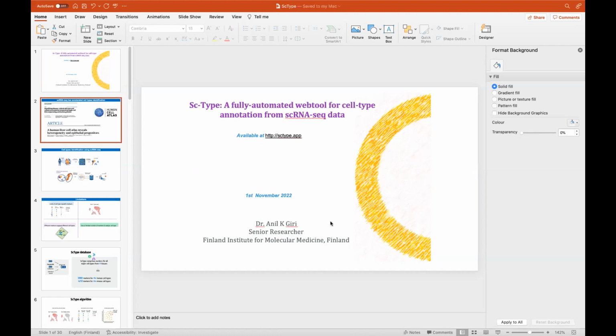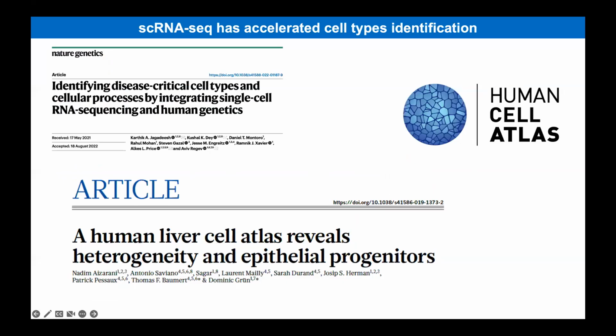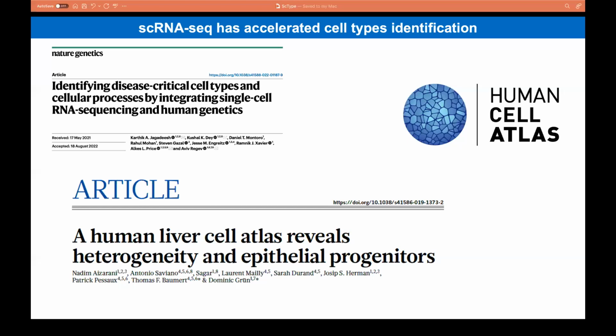So many of you might be aware that single-cell RNA sequencing has really revolutionized the process of identifying new cells and their role in disease as well as healthy conditions.